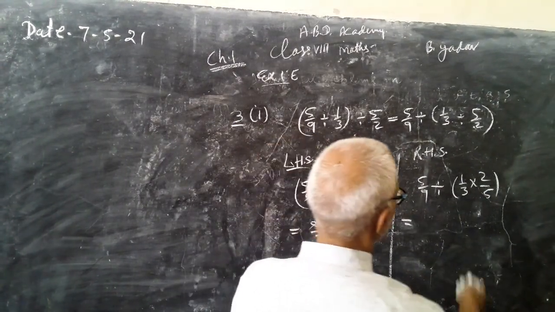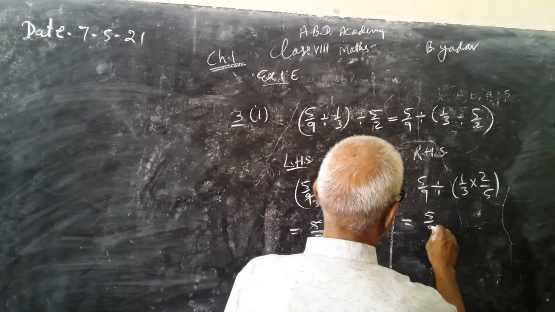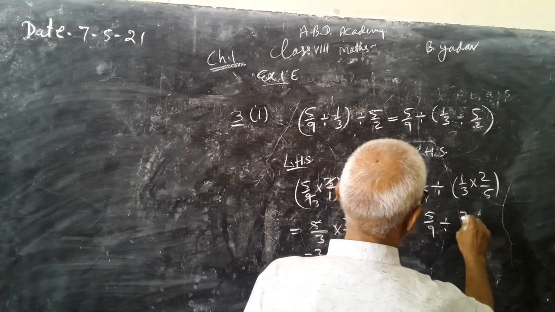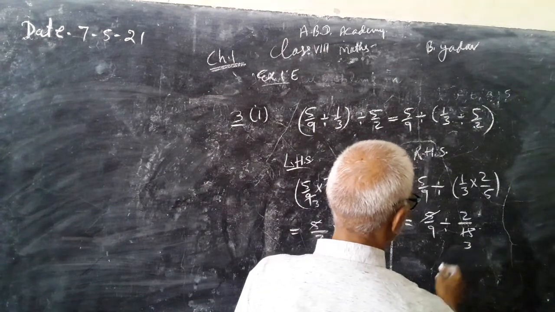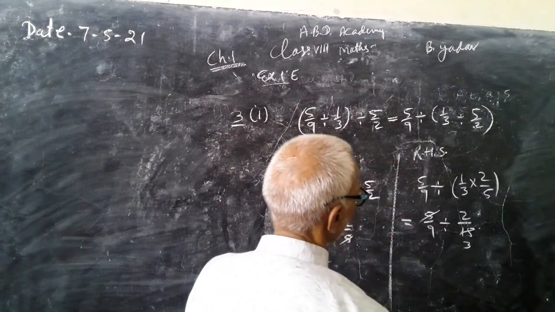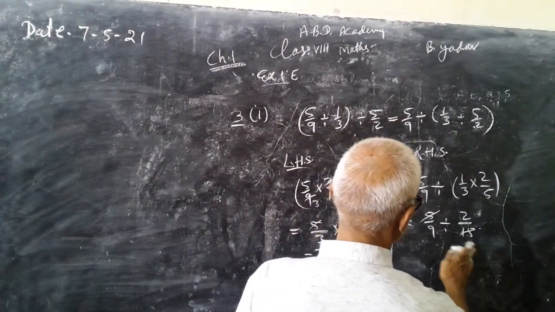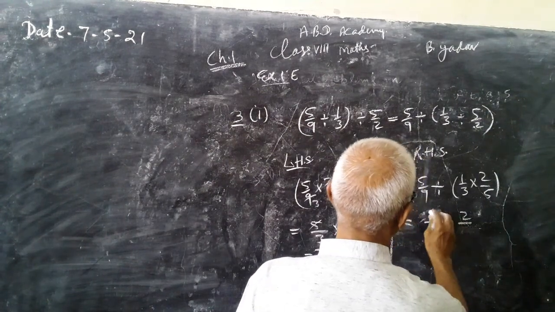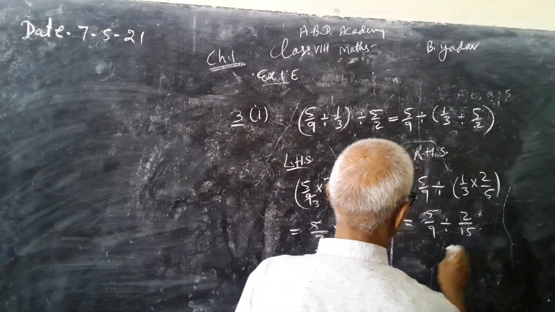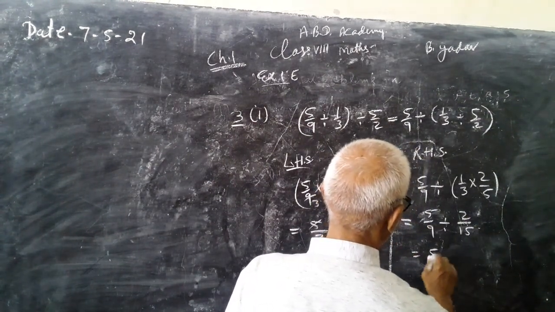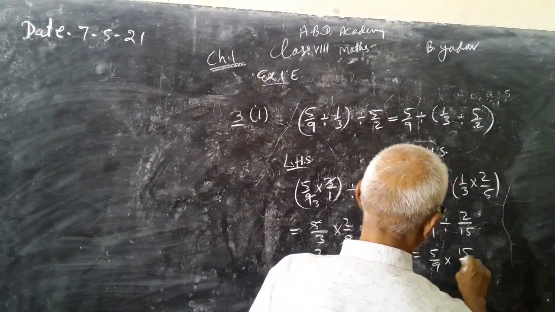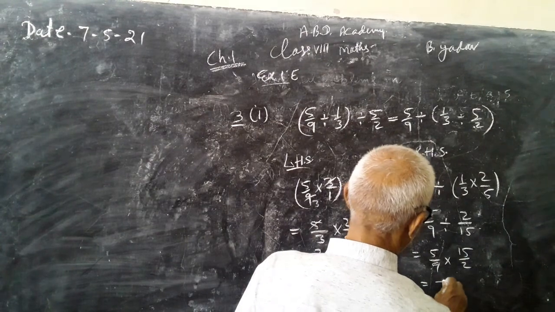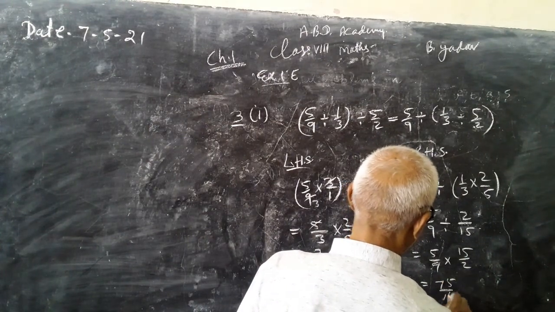So what we get here, 5 by 9 divided by 2 by 15. Now this is 5 by 9, due to this division sign, 15 by 2. So it becomes 75 by 18.